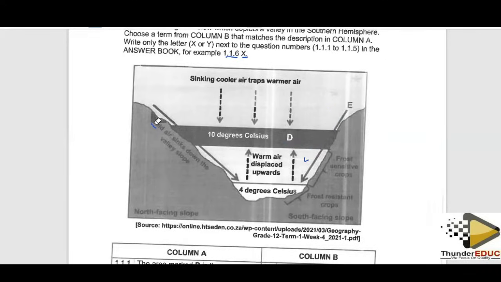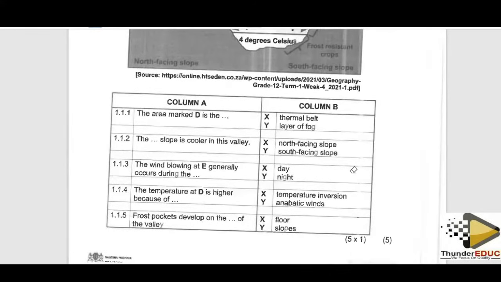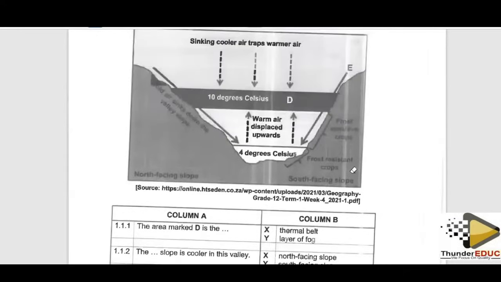Understand. Okay, first try to create this. All right. Column A, question 1.1.1, they say the area marked D is the, let's go check area marked D. So this is our area marked D here, this area.